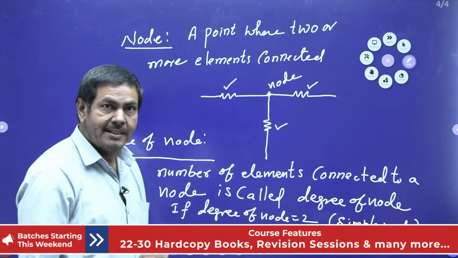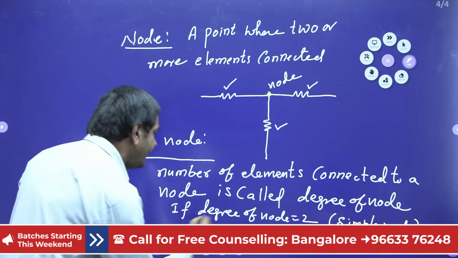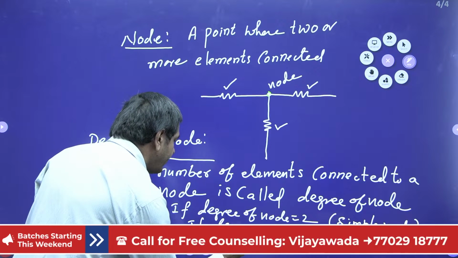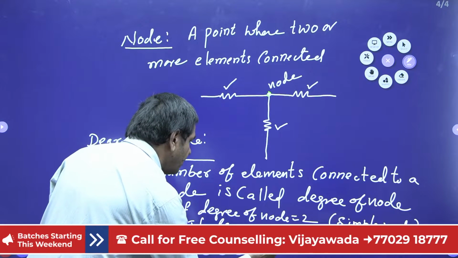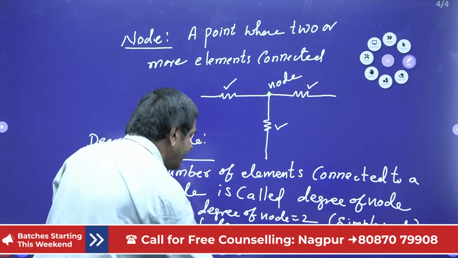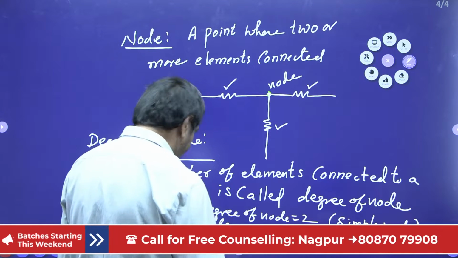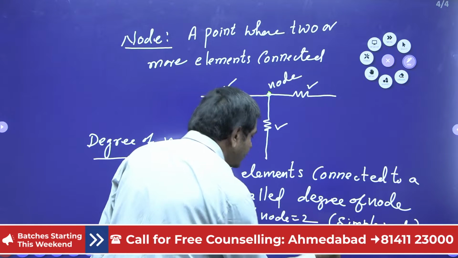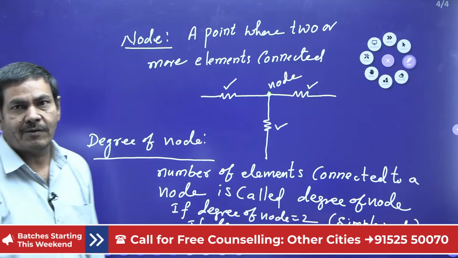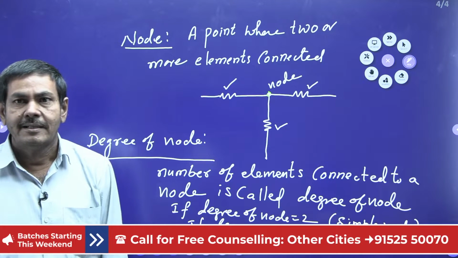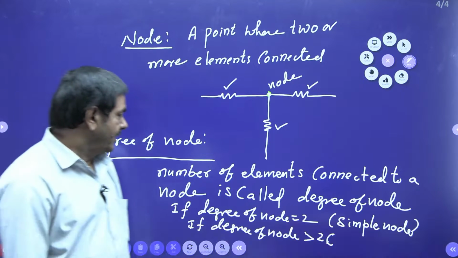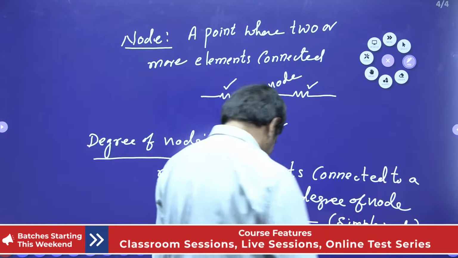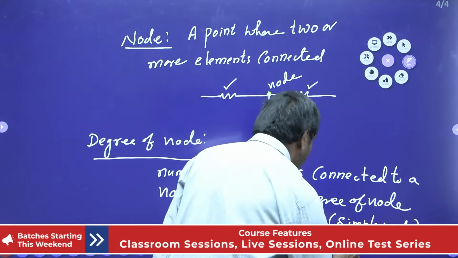In case the degree of the node is greater than 2, say 3 or 4 or 5 or whatever number, that node is called a principal node.